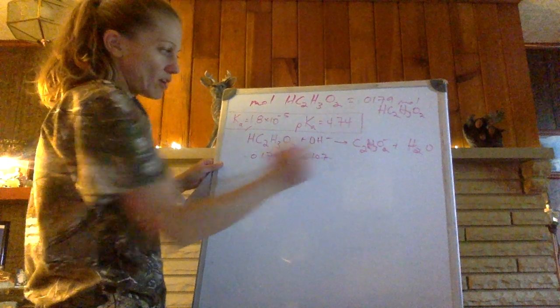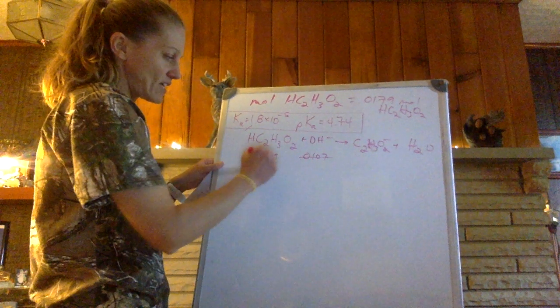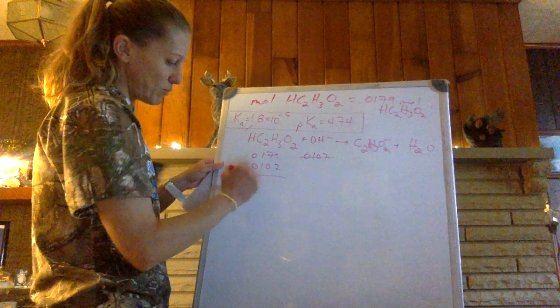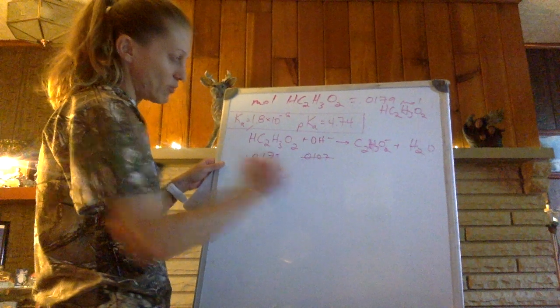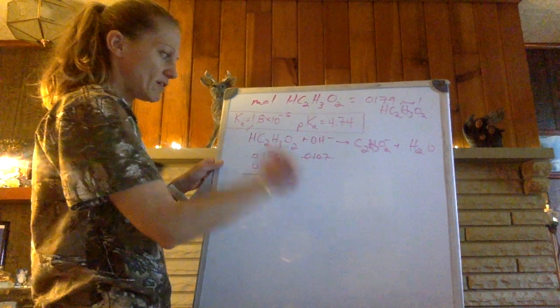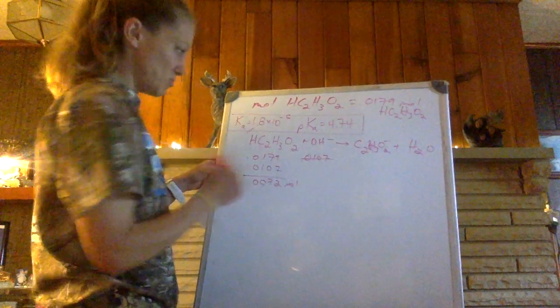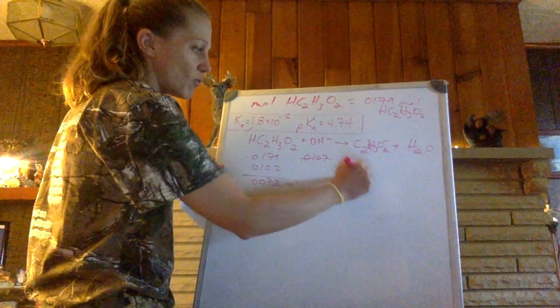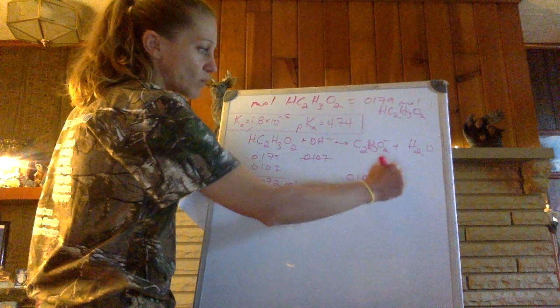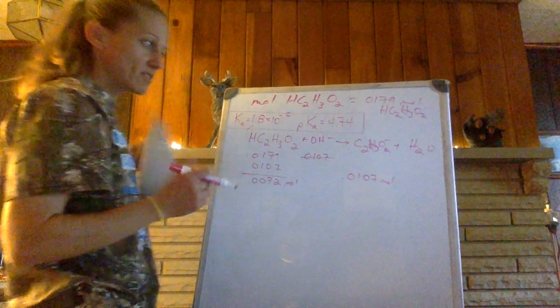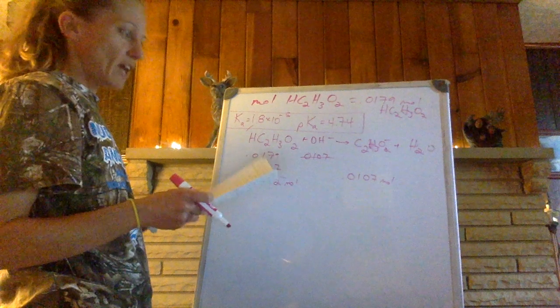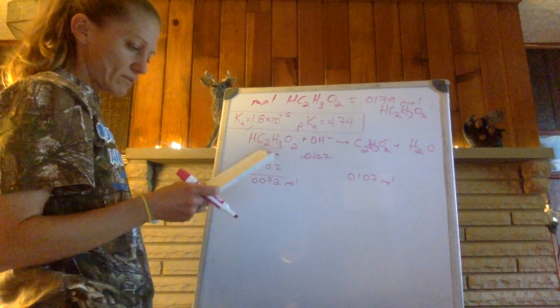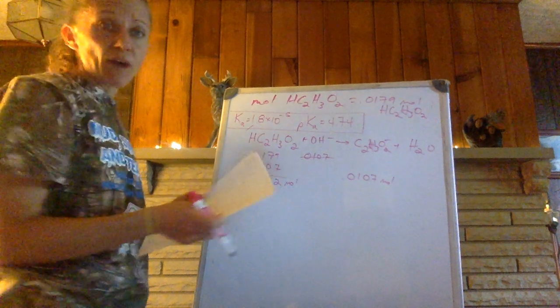That's going away. It's taking this with it, leaving 0.0072 moles of acid. What's going to happen from this OH? It's going to make 0.0107 moles of base, C2H3O2 minus.